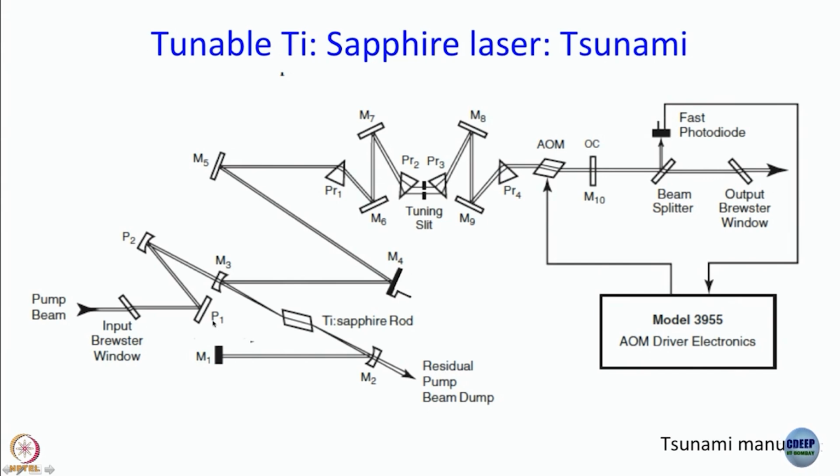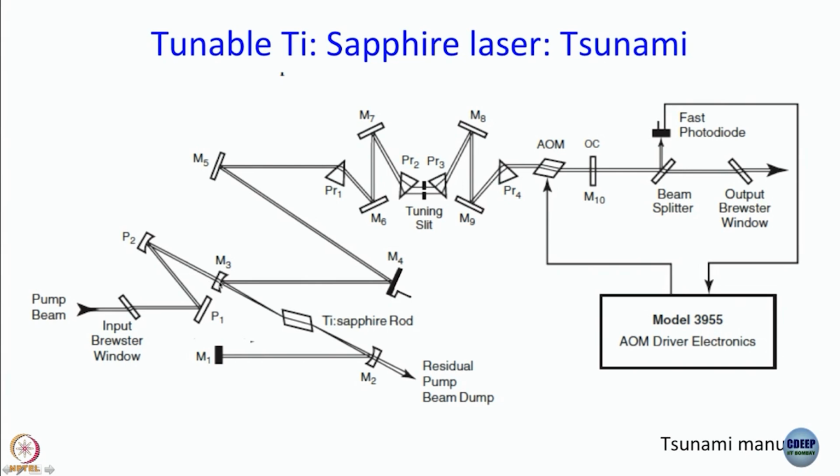P1 means P for pump. P1 is a green reflecting mirror. P1, as you see, is a plane mirror. Goes to P2, which is a focusing mirror, because your pump beam also has to be focused at the crystal for optimal operation. P2, a curved mirror, concave mirror.